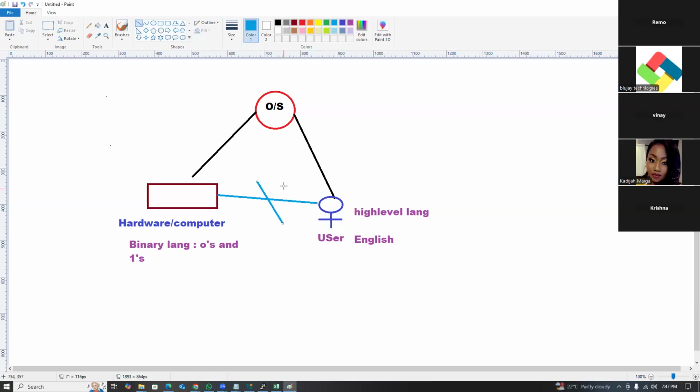Are you able to communicate with each other? No, because hardware knows only binary language and the user knows only English.